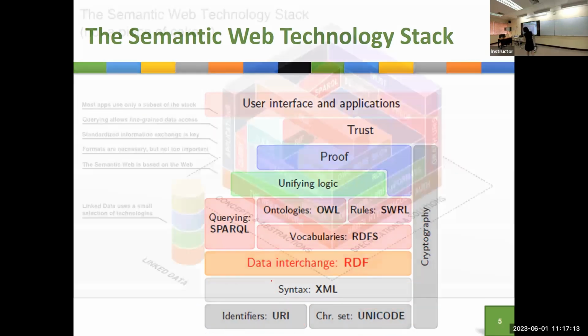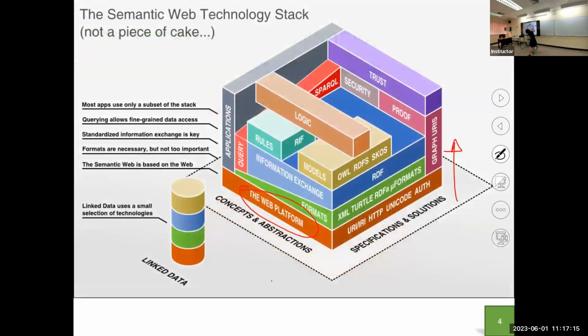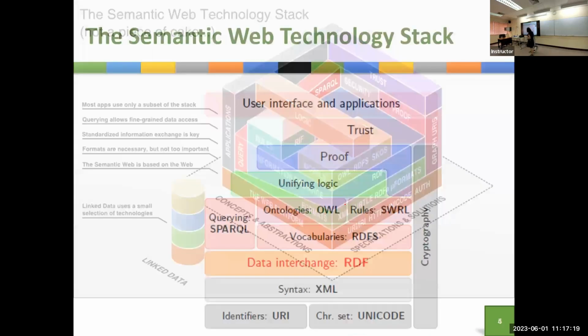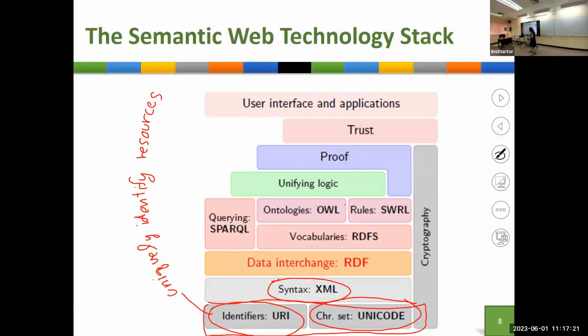If we go back to this picture, you will see a number of other syntaxes as well. We will learn additional syntaxes, not only XML, because XML is still there, but we have more modern ones, such as JSON, such as Turtle, and a few more.